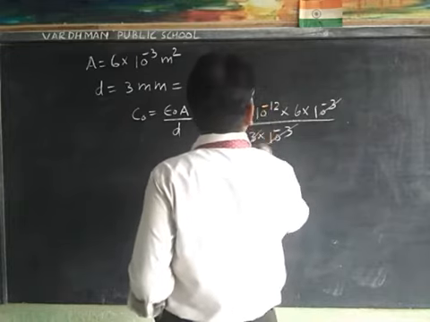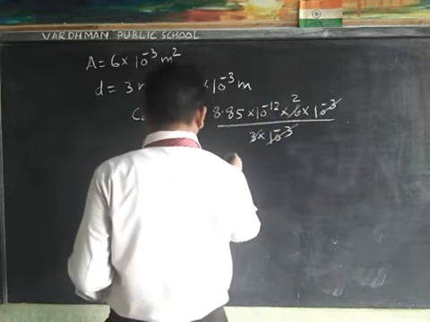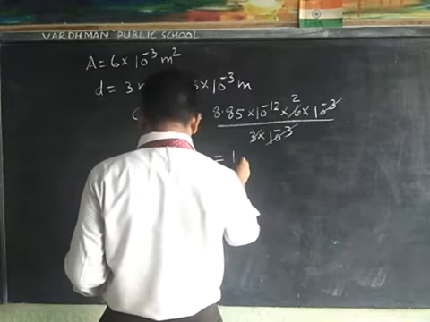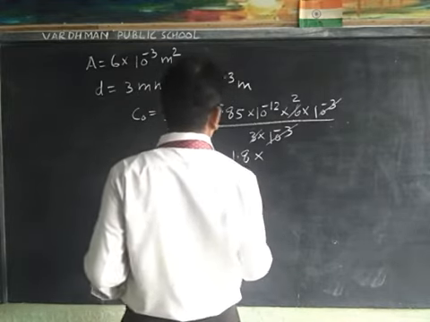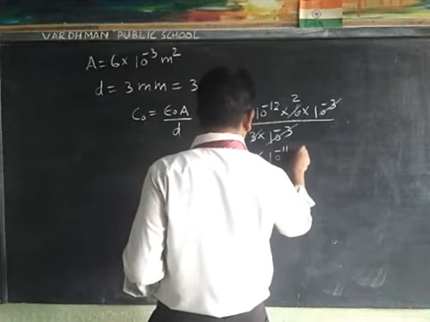We cancel the 3 and it becomes 1.8 into 10 power minus 11 farad.